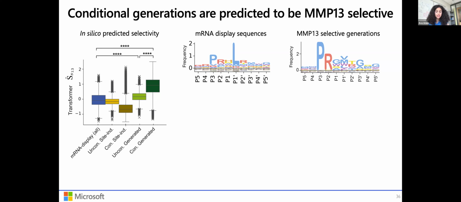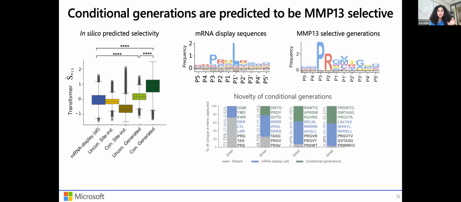Another line of evidence was to consider, okay, well, are these generations actually novel, right? We seem to be picking up on some interesting motifs and site dependencies, but are these generations new?